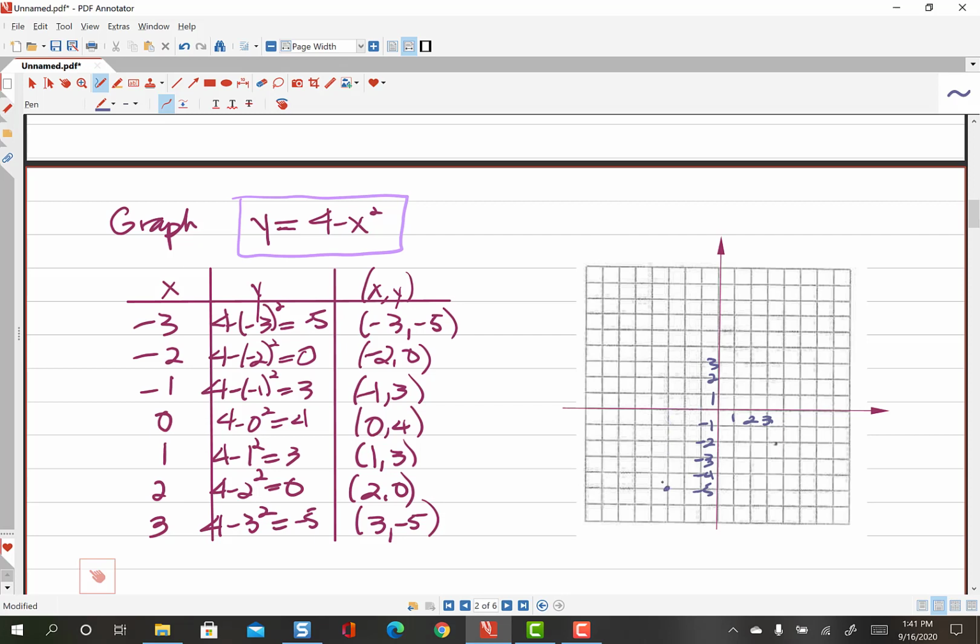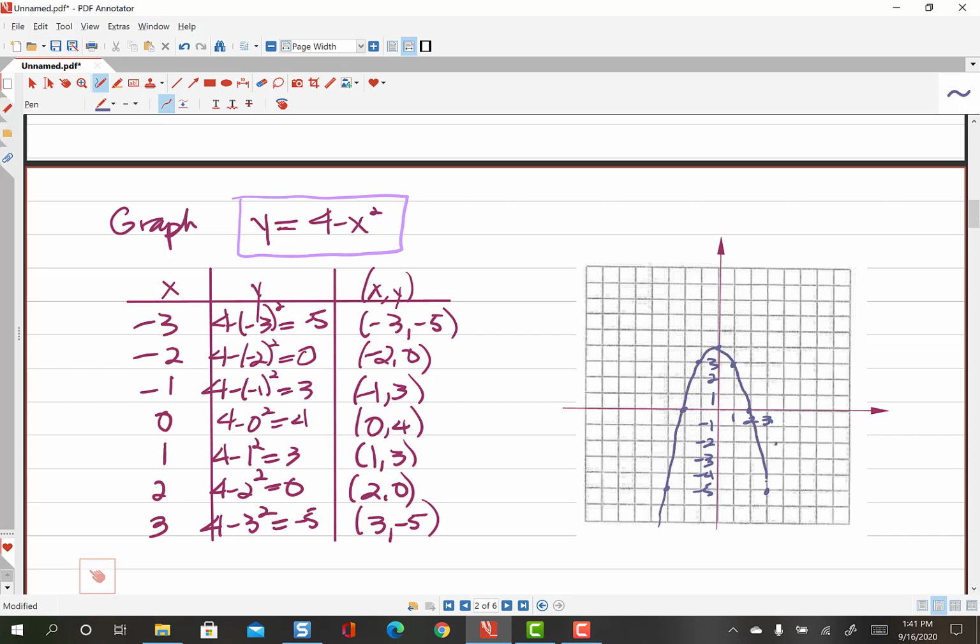So we're down here. We're at -2, 0, -1, 3, 0, 4 up here. And then, as I said, my y values start to repeat themselves.